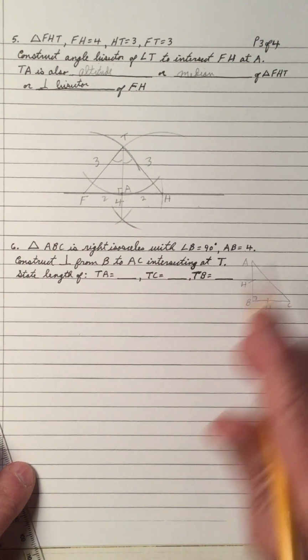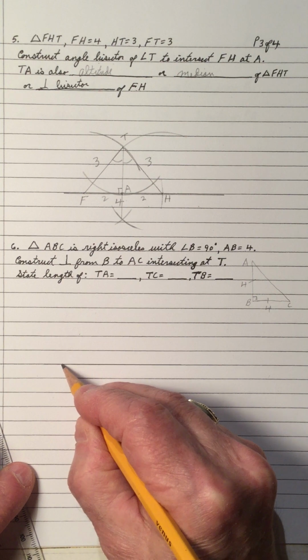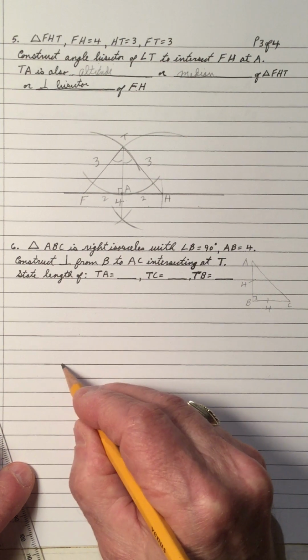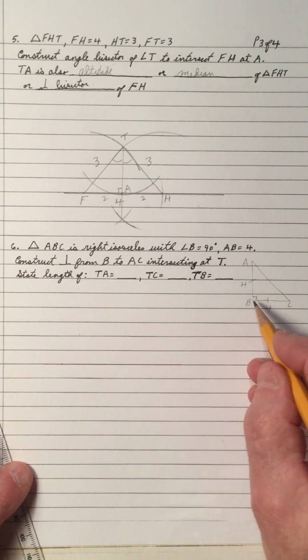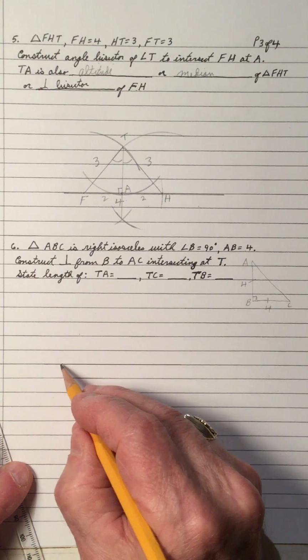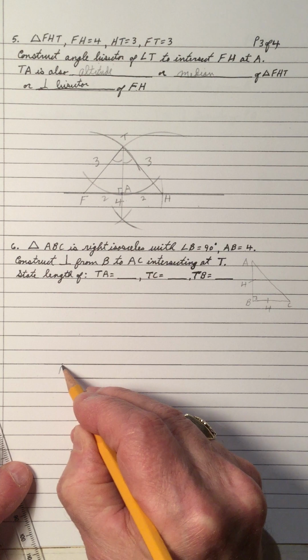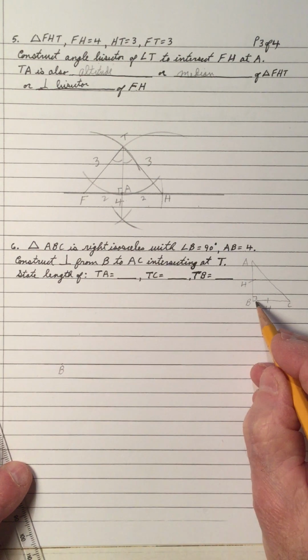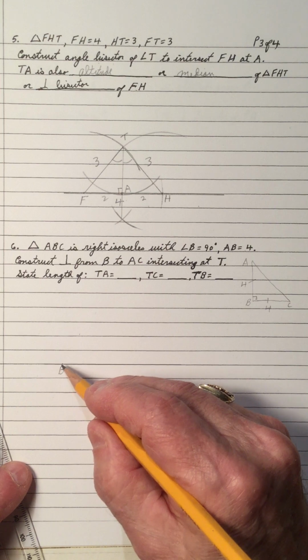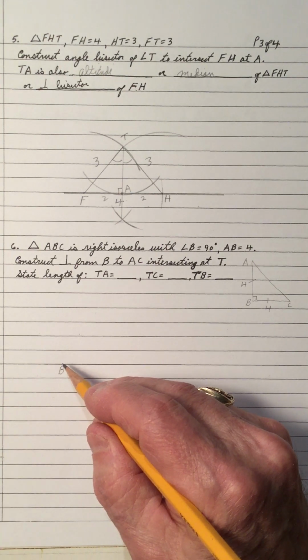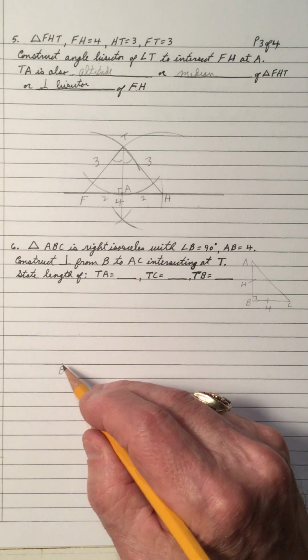So I can put a point down here. And I have a choice. If I want to draw my right angle, my B is going to be my right angle. So I'm going to construct a perpendicular here, but I'm not allowed to use a protractor. I have to use a compass.